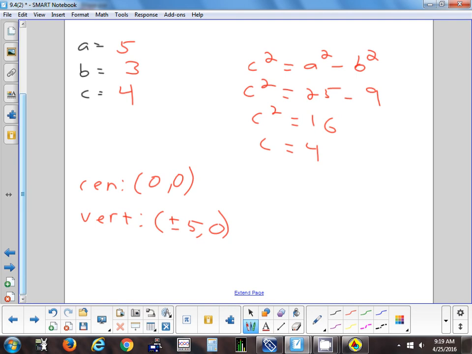Something else I should write down. Which way does the major axis go? Horizontal or vertical? Horizontal. Once we know the major axis is horizontal, everything is left and right of the center. If the major axis was vertical, things would be above and below the center. What else do I need to describe? One more thing.